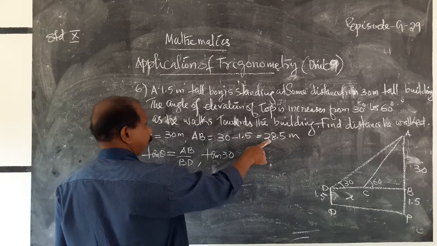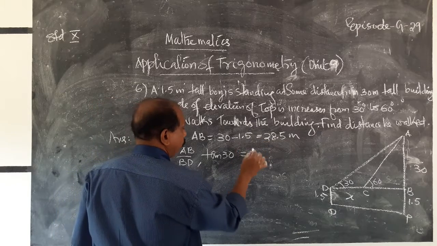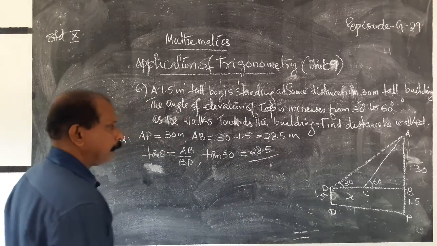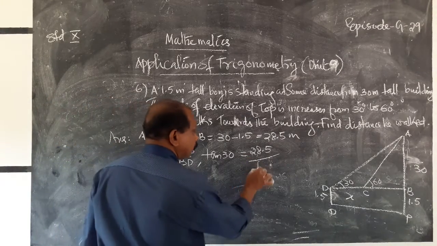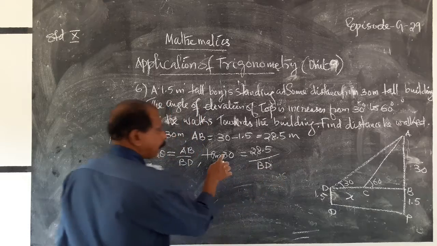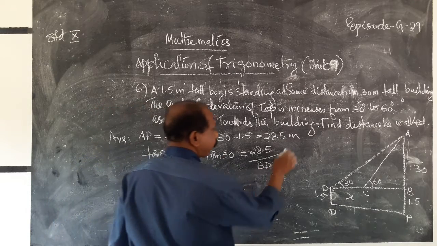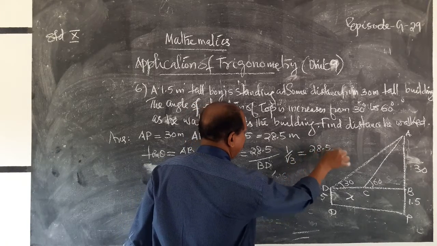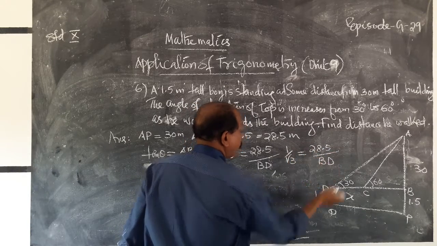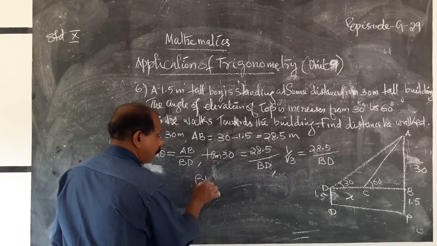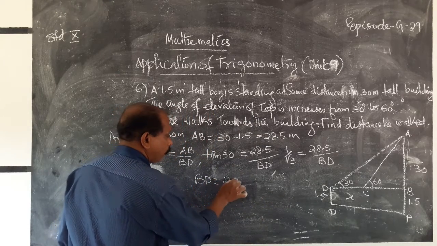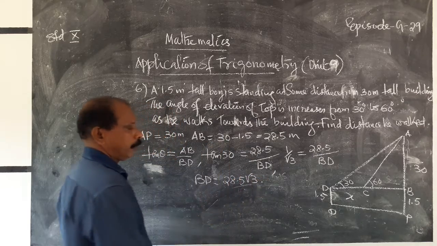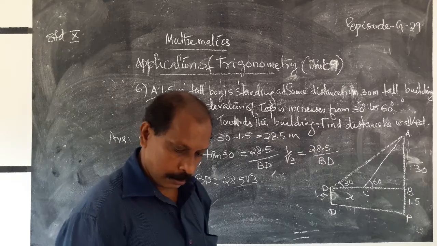What is AB? 28.5 by BD. Tan 30 is 1 by root 3, is equal to 28.5 divided by BD. Cross multiplication. BD is equal to 28.5 into root 3, that is 28.5 root 3 meter.